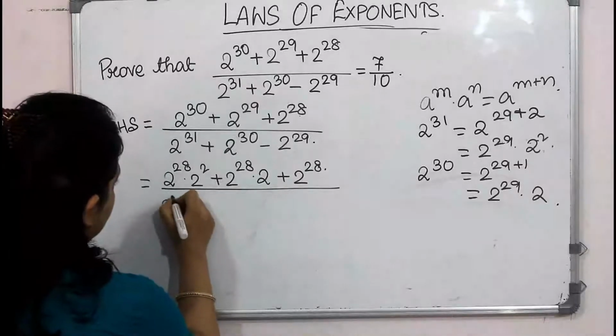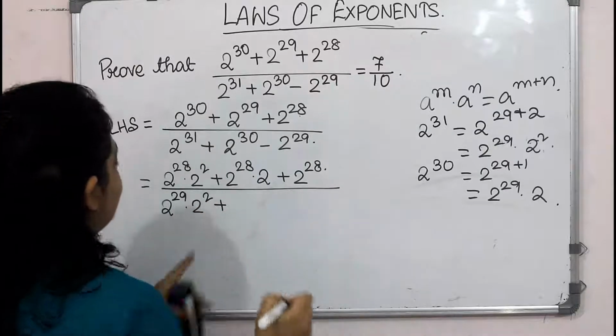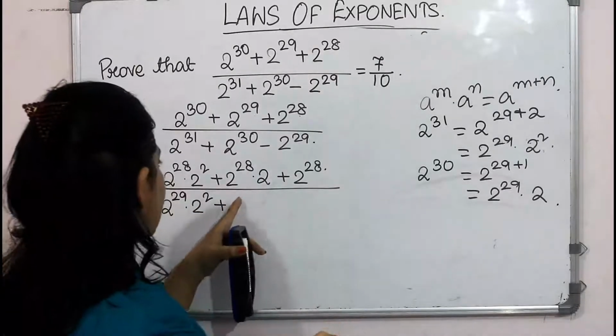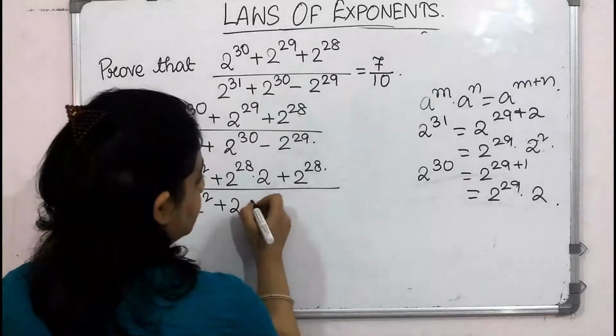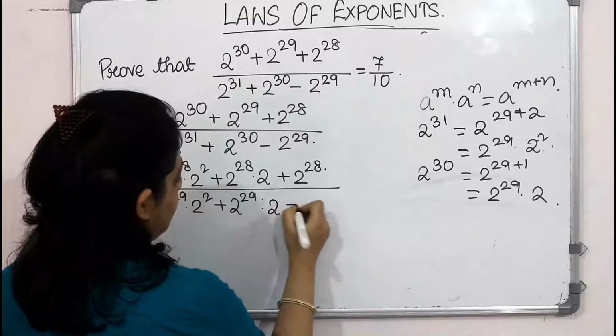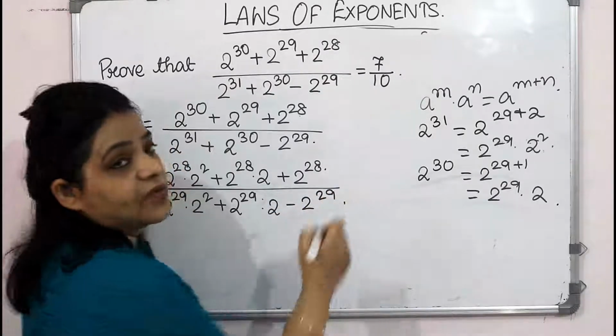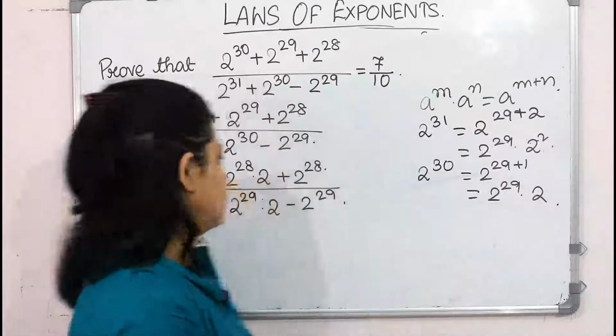So I will take 2 to the power of 29 into 2 square, plus you will have 2 to the power of 30. 2 to the power of 30 you can write as 2 to the power of 29 into 2, minus 2 to the power of 29. Okay, up to this it is clear to you.